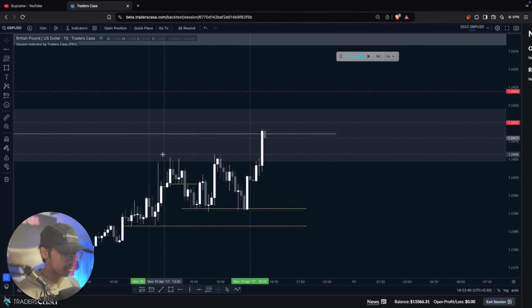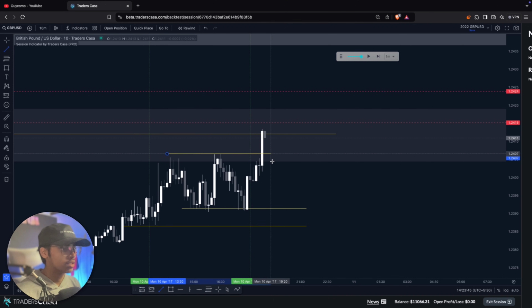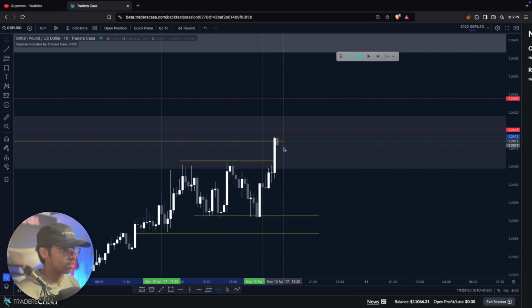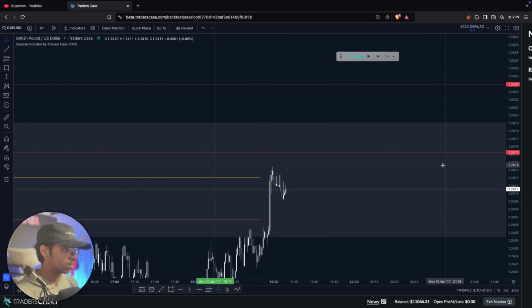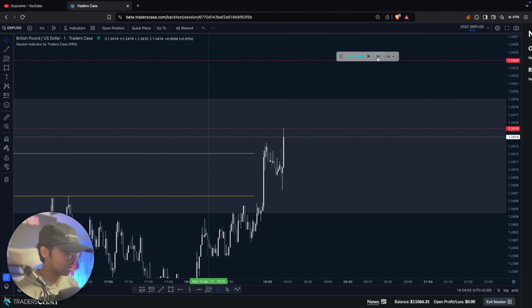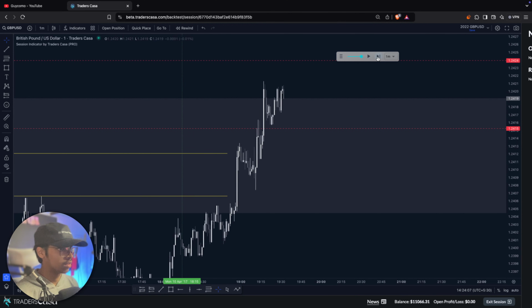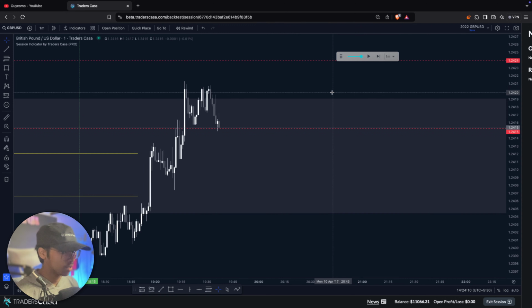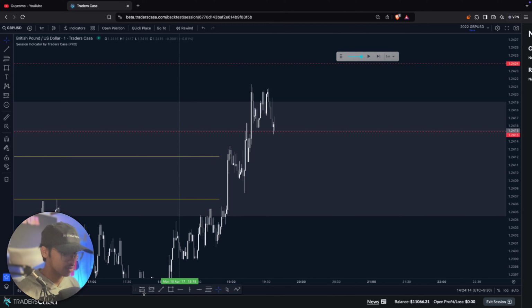So it has built the buy stops which have now been taken out. Fine, it's fine for me. Buy side liquidity has been run out.